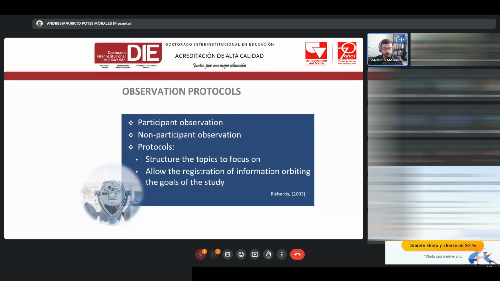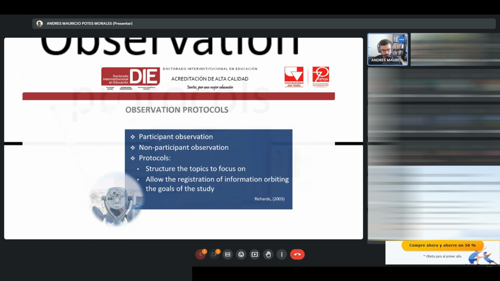Both participant observation, such as in the workshops, and non-participant observation, such as the ones that will be conducted in every intervention by the teacher participants. So these protocols will structure the topics to focus on and allow the registration of information orbiting the goals of the study.